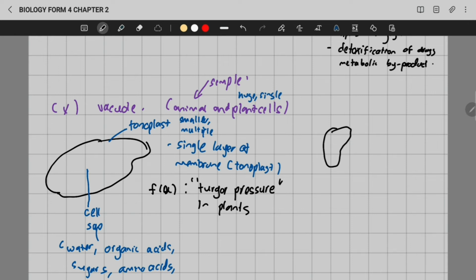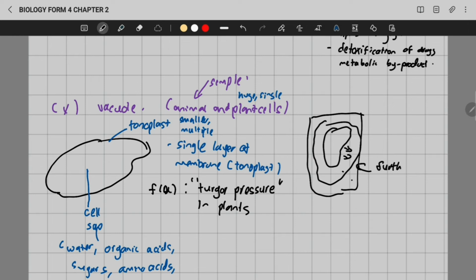When the vacuole shrinks, it is small in size. You have the cell wall here, and you have the cytoplasm here. But it shrinks in size, so it cannot push the cytoplasm towards the cell wall. So the cytoplasm becomes further from the cell wall.